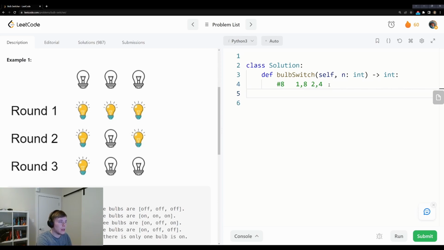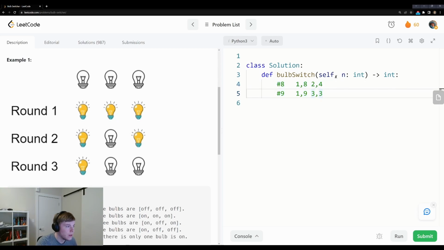Let's look at 9. Well, 9 has 1 and 9, and then 3 and 3. So these are duplicates here, which means it actually has an odd number of factors. And you'll notice the only time you'll have duplicates is when a number is a square. So essentially what we're doing is counting the number of squares up to n.